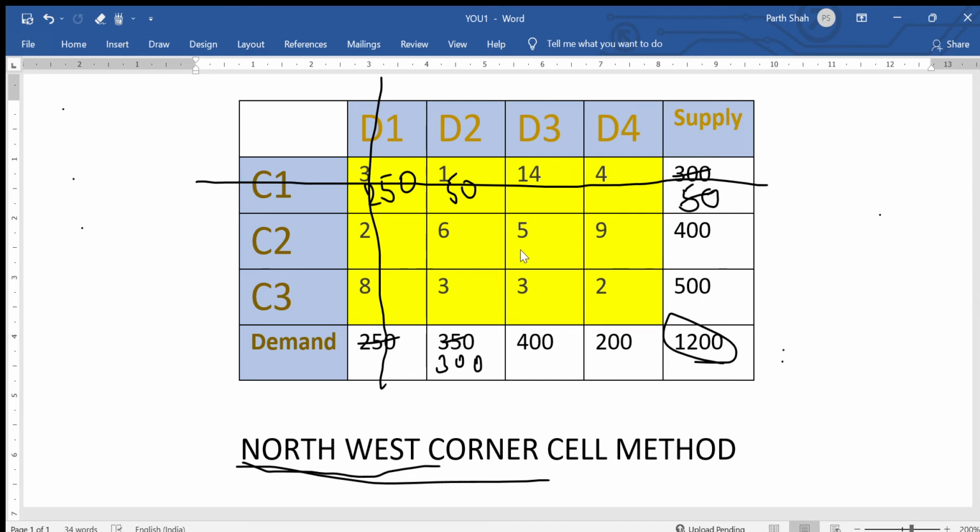Now in step number 3, or iteration 3, we have this cost matrix. The northwest is this 6, C2 D2. 300 is the demand and 400 is the supply. We'll satisfy this demand and allocate 300 here, and company 2 is now left with only 100 units.